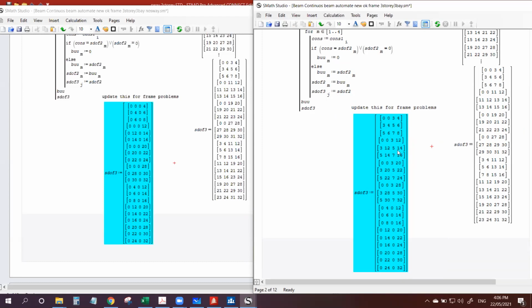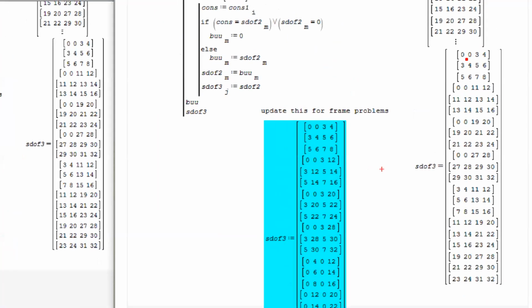So as you notice, for example, here: 0034, okay, 3456, okay, 5678, okay, but my code generated 1112. That's the one I tweaked.